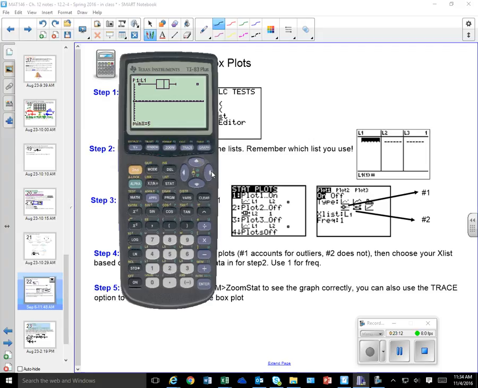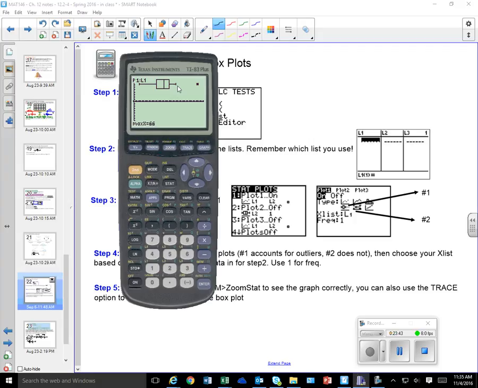It says the minimum is 5, Q1 is 23, that's my median, there's my Q3. This is actually just going to be my upper limit, where I figured out what's going to be an outlier or not. And then my maximum value there, which is 66, which also happens to be an outlier. So you can also use this box plot feature to figure out your 5-number summary if you wanted to.